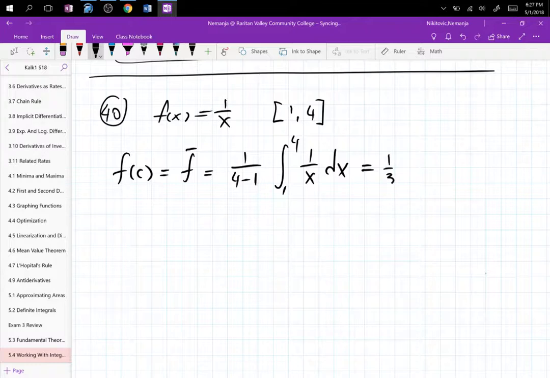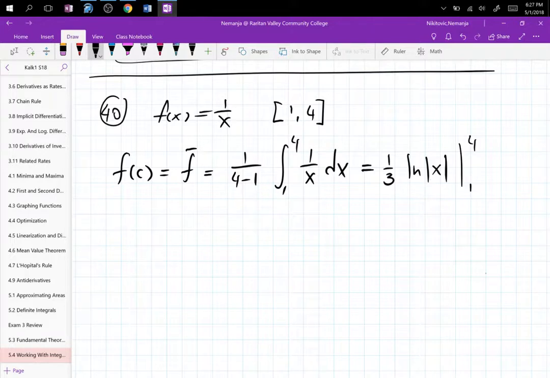This is 1/3. Does anyone know what is the integral of 1 over x? Beautiful. ln absolute x. Computed from 1 to 4.